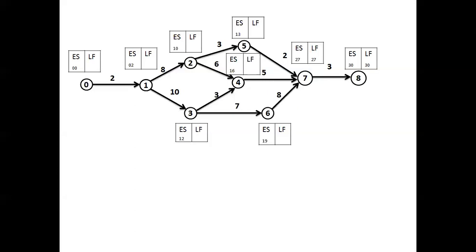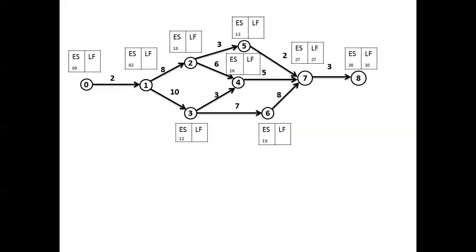For example, you just see here, the earliest start time for activity 5 to 7 is 13, and it takes 2 days for completion. 13 plus 2 means 15. Even though completion of 5 to 7 on the 15th day is possible, the latest finish time for activity 5 to 7 is still 27. It means this activity 5 to 7 can take 12 days extra without delaying the completion of the project.